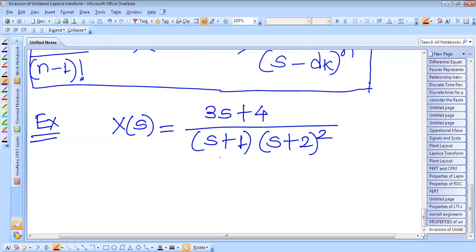So here one distinct pole is there at s is equal to minus 1, and this is a repeated pole. Repeated how many times? 2 times. So therefore we can expand this by using the partial fraction.